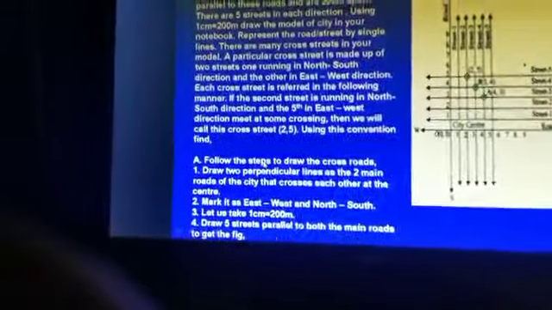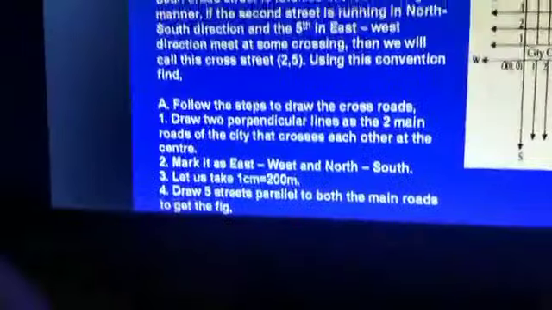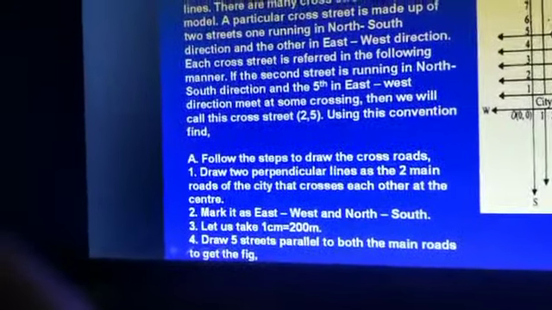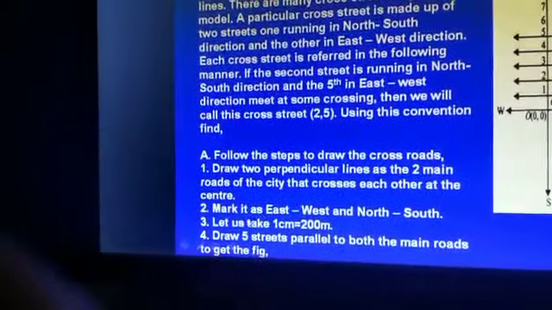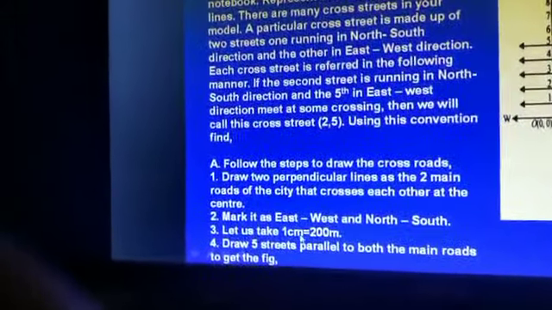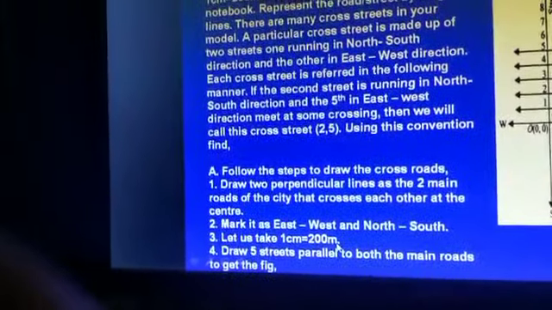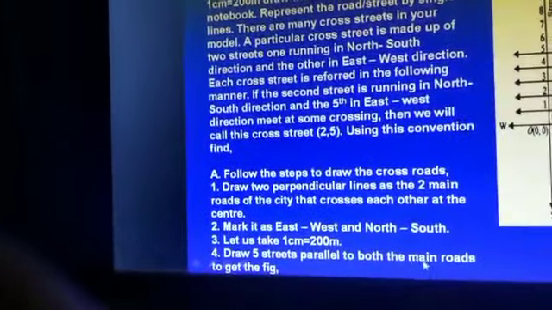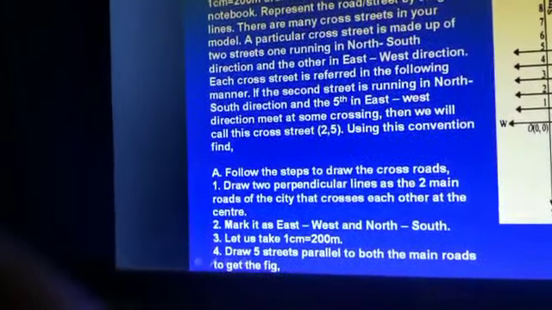Follow these steps. Draw the perpendicular lines as the two main roads of the city crossing each other at the center. Mark them as east-west, north-south, and let us take 1 centimeter equal to 200 meters. Draw 5 streets parallel to both the main roads to get the figure.